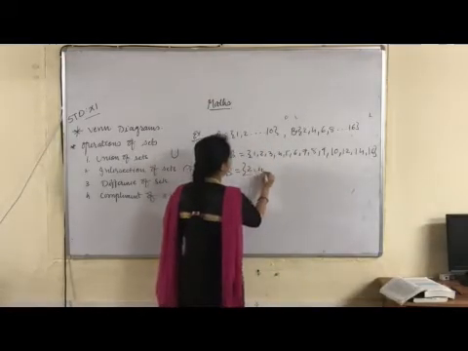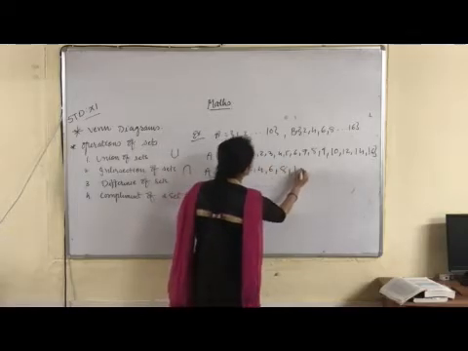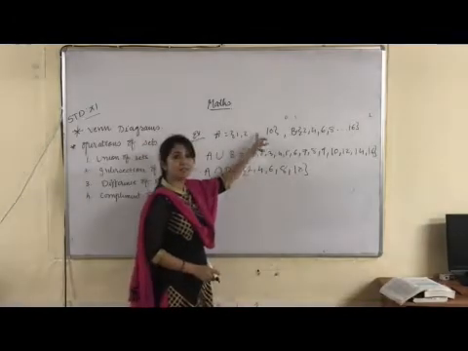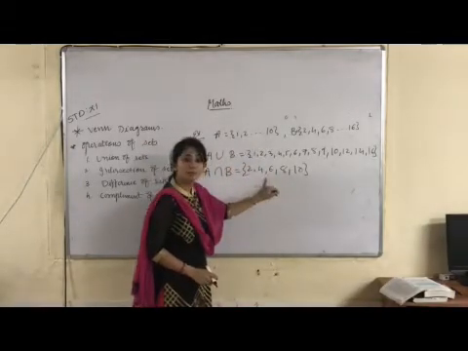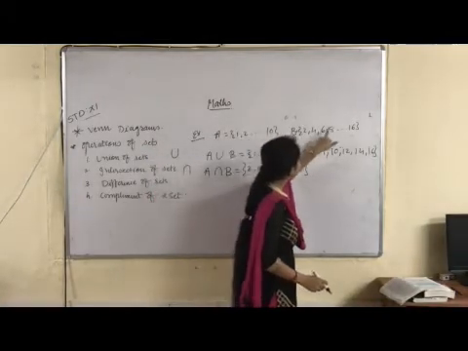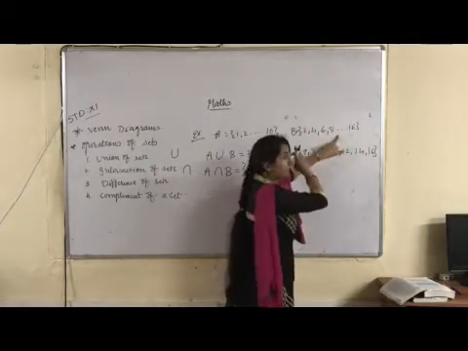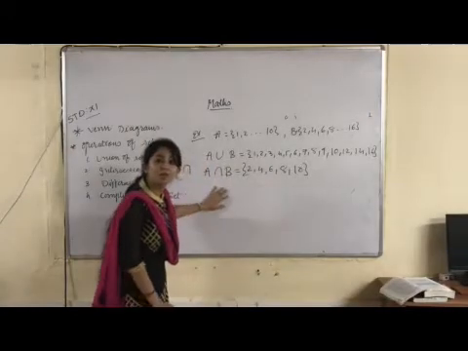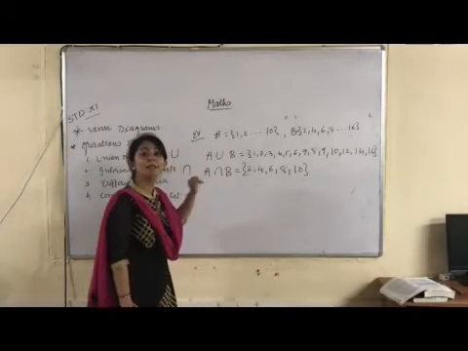So 2, 4, 6, 8 and 10. Observe, here 1, 3, 5, 7, these elements are not there. Here 2, 4, 6, 8 and 10. 11 onwards elements are not here. It means intersection means we have to write the common elements.